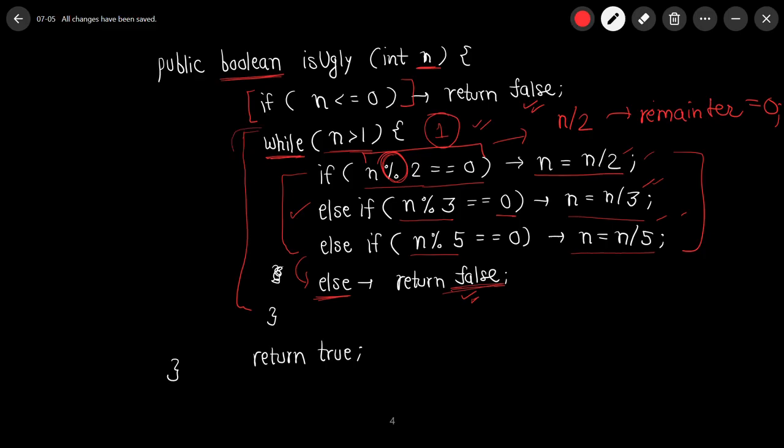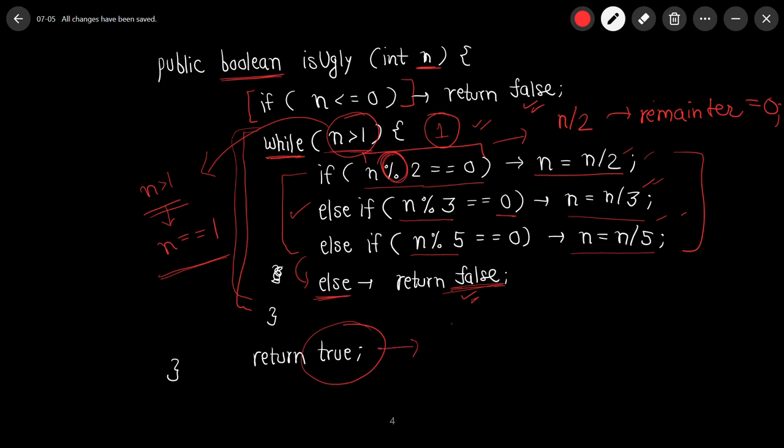And finally, if our loop ends, it means the condition of n being greater than 1 got violated, and n reached 1. So what would you do if n reached 1? You would return true. So at the end we return true, saying that yes, it was an ugly number indeed. So yeah, this was the entire approach.